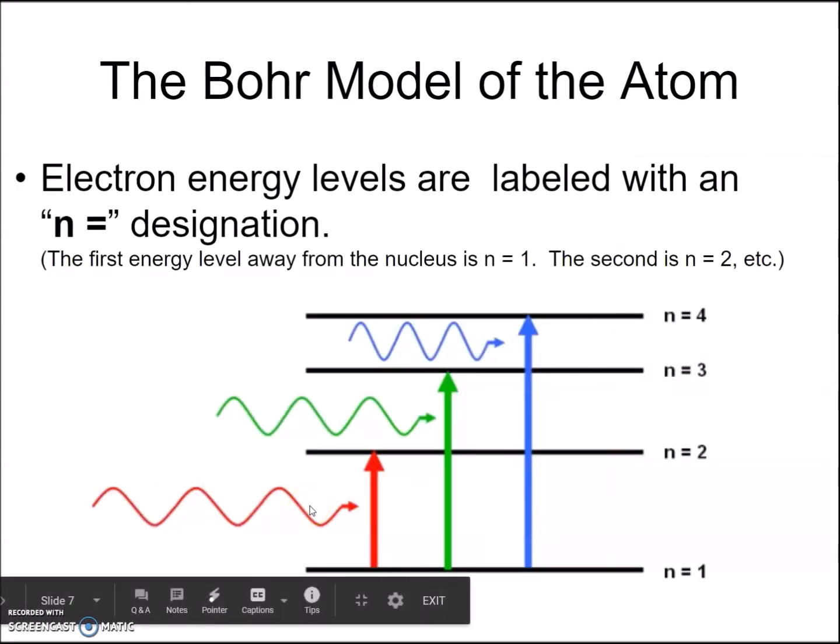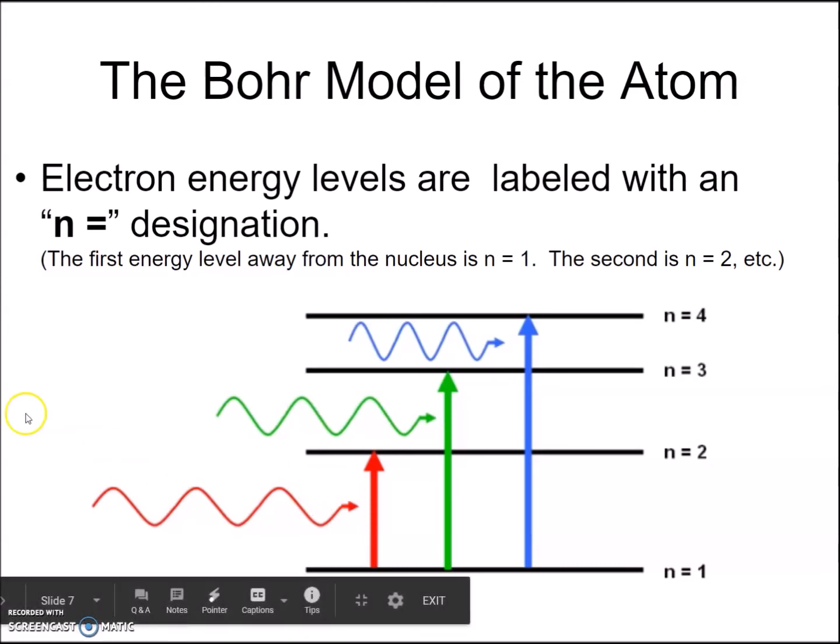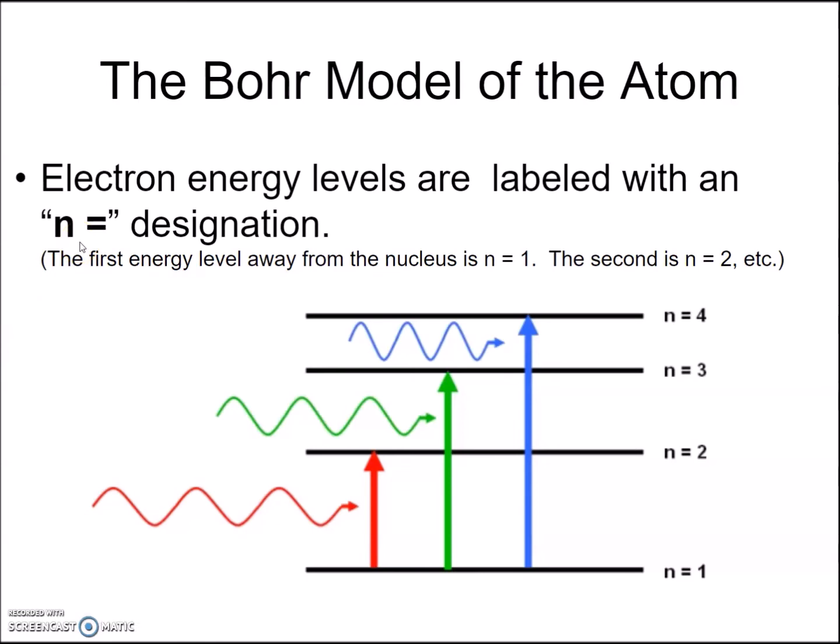The way we designate the different energy levels in the Bohr model is with the lowercase letter n. So they'll label these as n equals something. So n equals 1 means that's the first energy level from the nucleus. It's the lowest possible one. The second energy level is n equals 2, and so on.